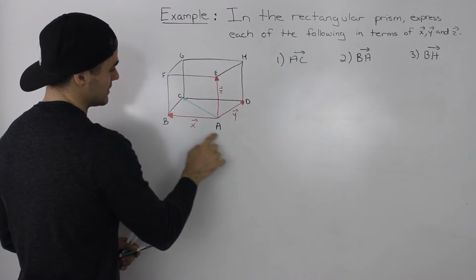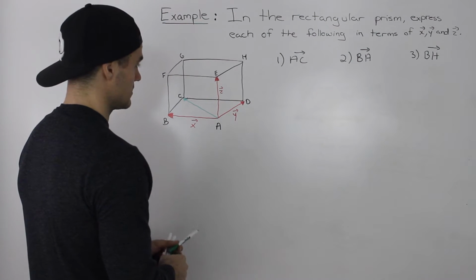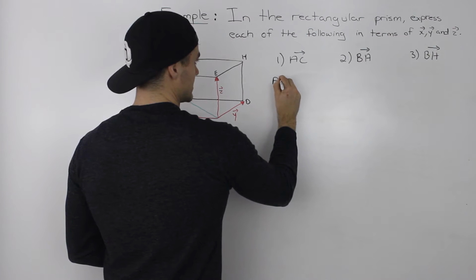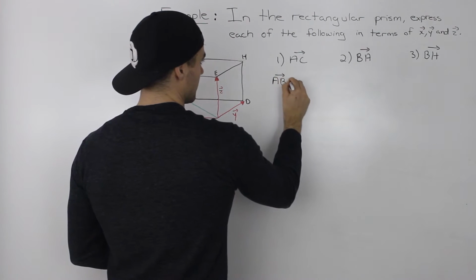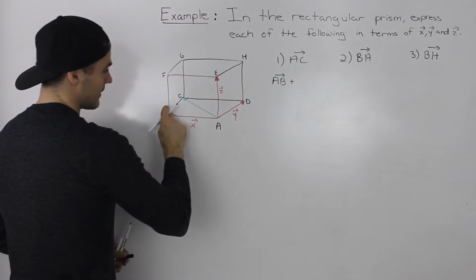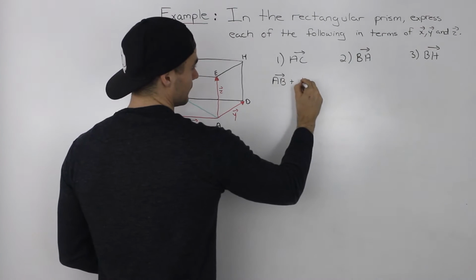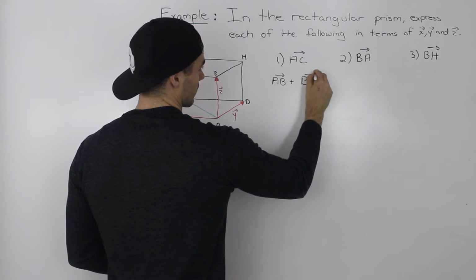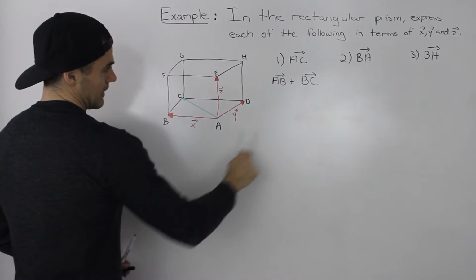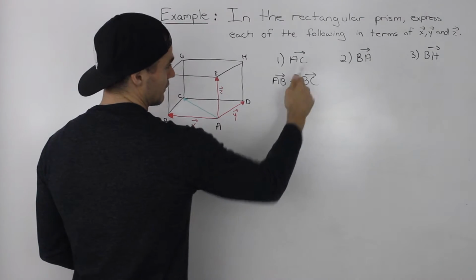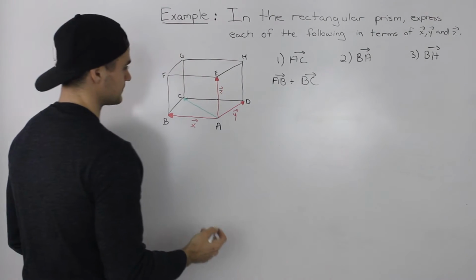We can go from A to B. So we could take vector AB, and then to it we can add vector BC. And then notice how these middle B's would cancel out and we would just be left with vector AC.